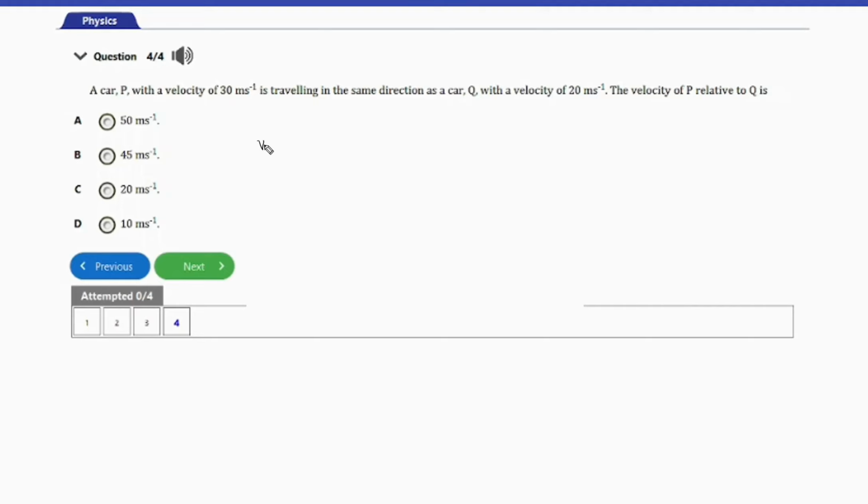So the relative velocity of P over Q will be the velocity of P minus the velocity of Q. So we have 30 meters per second minus 20 meters per second, and that's 10 meters per second. So option D is the answer to this question.